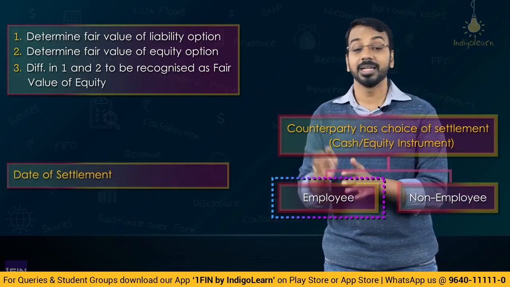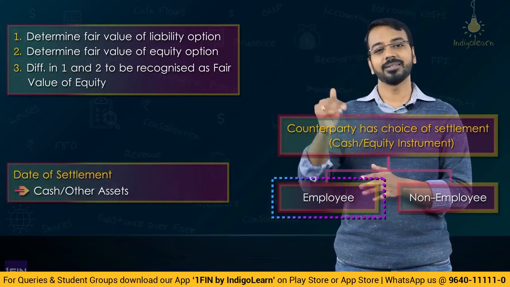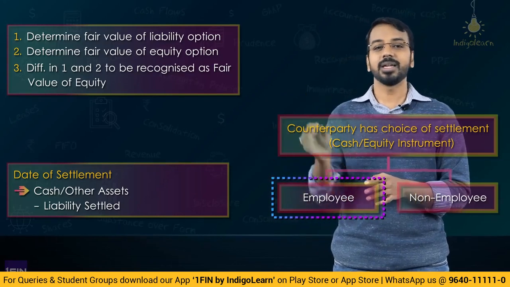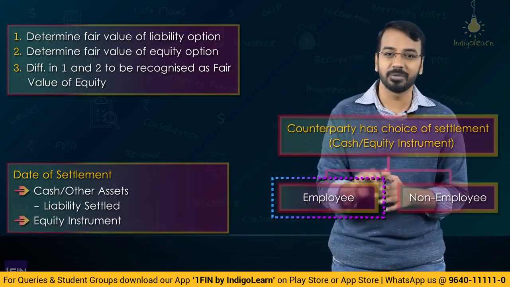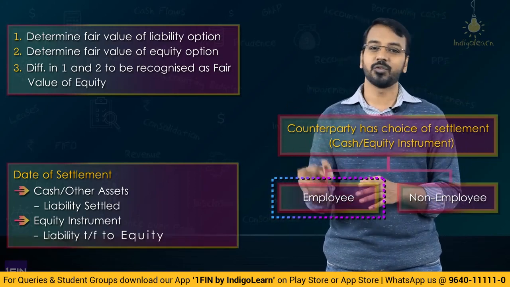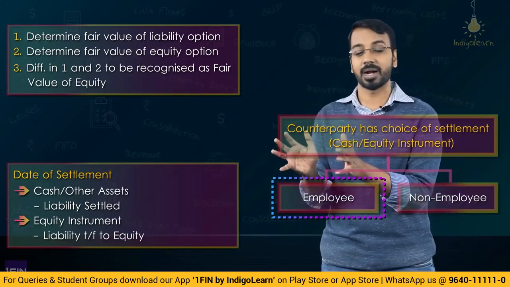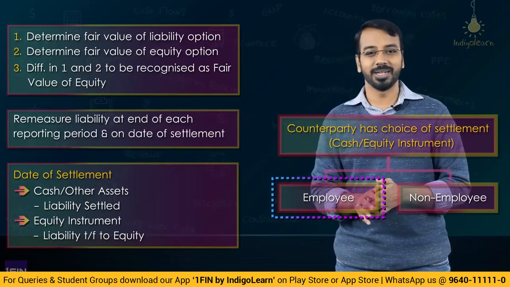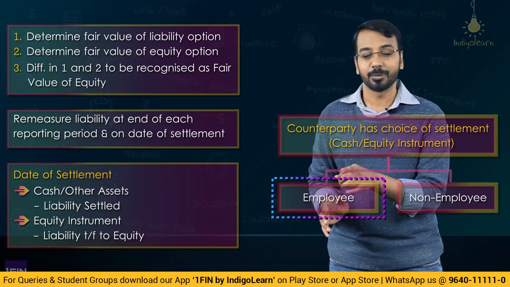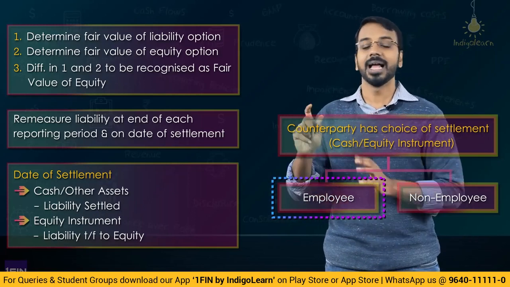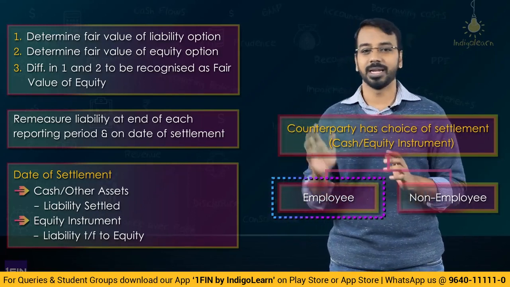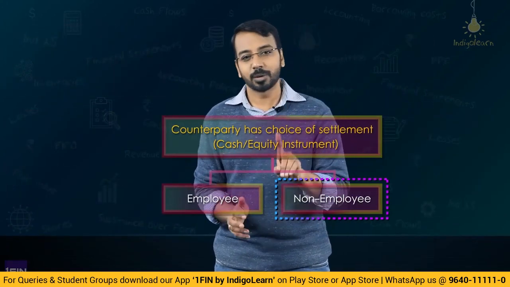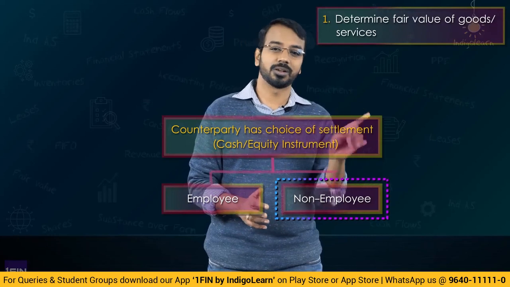On the date of settlement, if the employee takes cash, then the liability is exhausted and cash is paid out, and if on the due date the employee demands equity instruments, the liability will be transferred to equity. That is the first part. And friends, please note, for the liability part, at the end of each reporting period and on the date of settlement you will do a fair value measurement and the difference will be recognized in the P&L. Coming to other parties, you will determine the fair value of the goods or services.